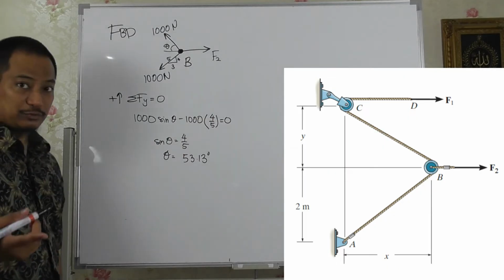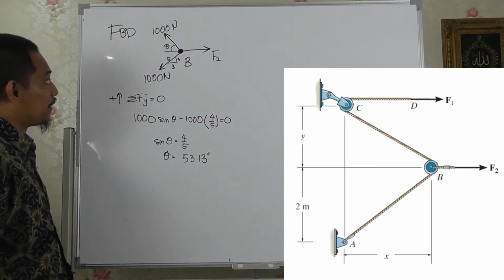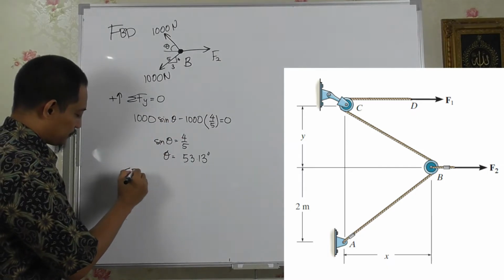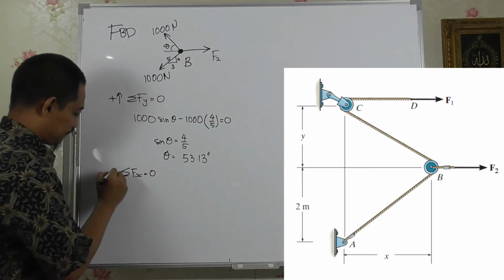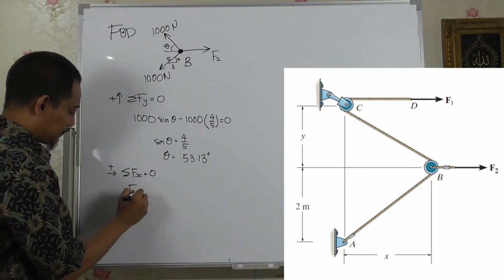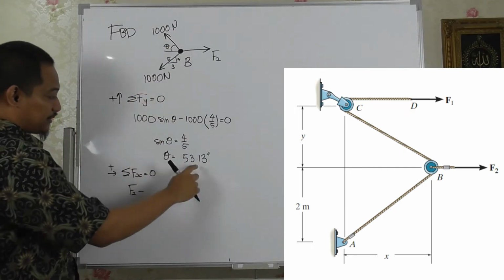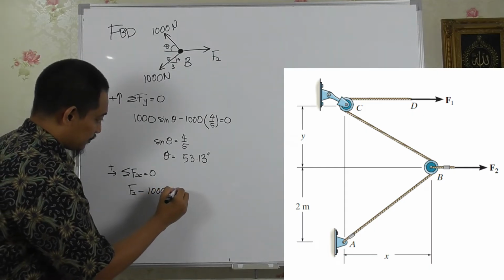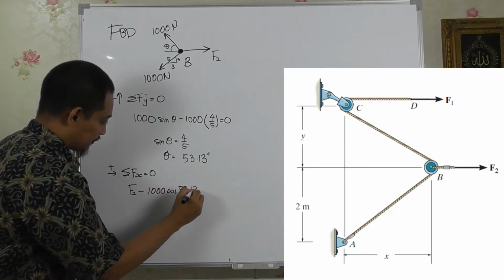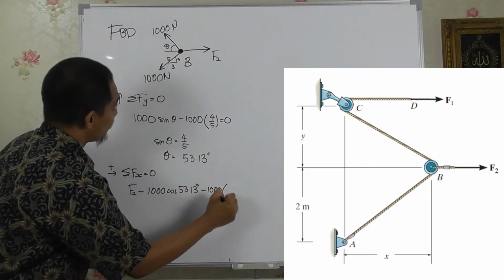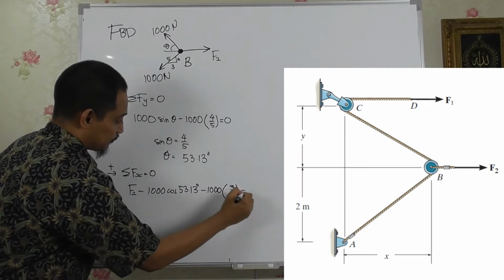Depending on which one you want to solve first. If I want to solve F2 first, then I can start straight with summation of Fx equal to 0. So you have F2 minus, because theta is already known, minus 1000 cos 53.13 degrees, and then minus 1000 times 3/5 equal to 0.